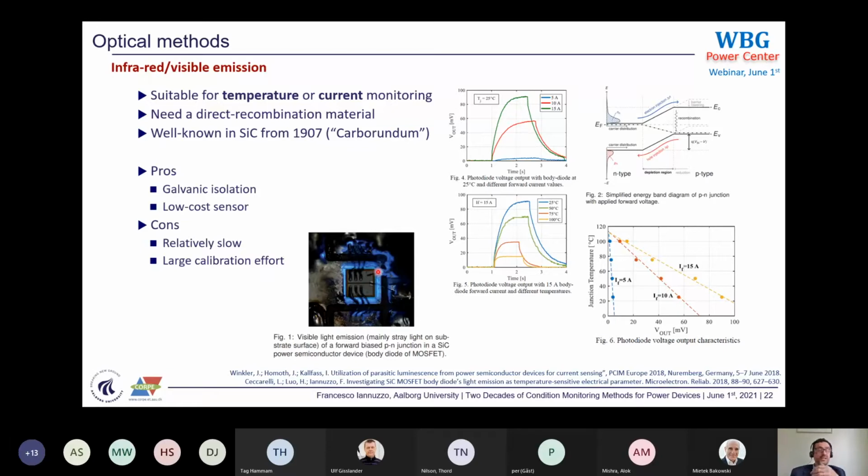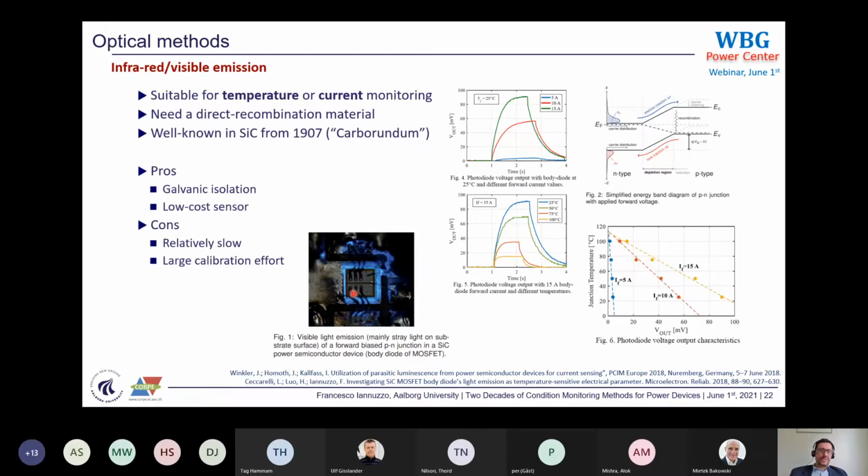Silicon is not like this, because silicon has no direct recombination. There is no way you can get this out of silicon. But other semiconductors like silicon carbide can do this, and this feature can be positively exploited.